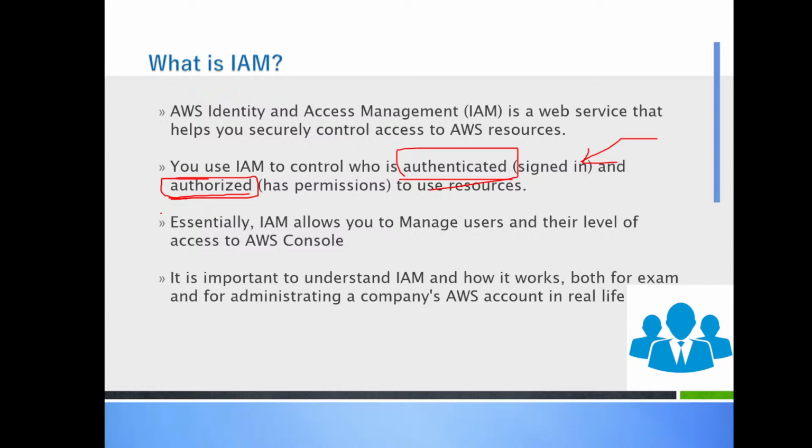Like when you go to a restaurant, you are authorized to enter the restaurant, but you are not authorized to enter the kitchen or the private area. That's the authorization. So you have limited access.